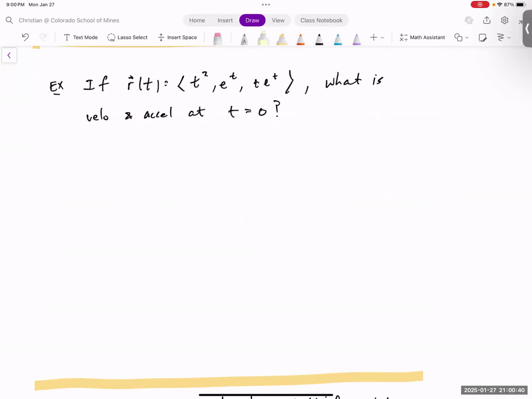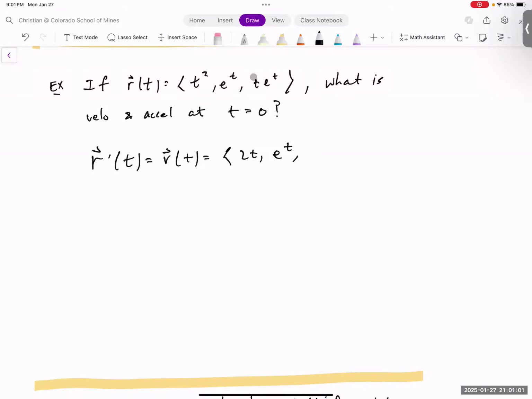So the derivative of r of t, that's our velocity. That would be the derivative of t squared, e to the t, and t e to the t. So this is 2t, e to the t, and then we need the product rule for t e to the t.